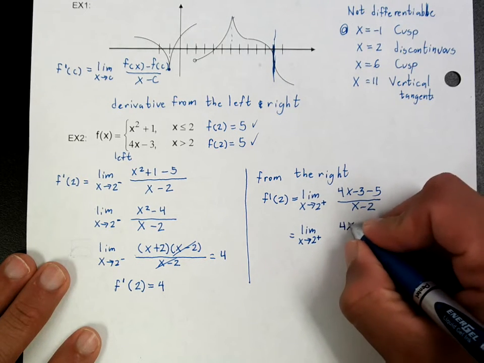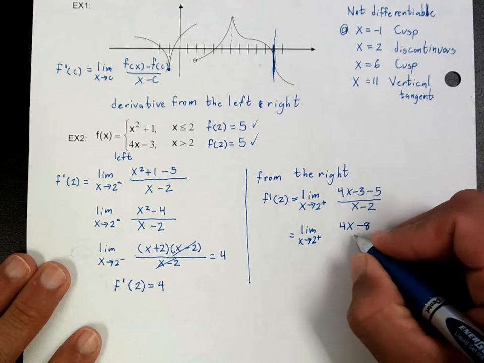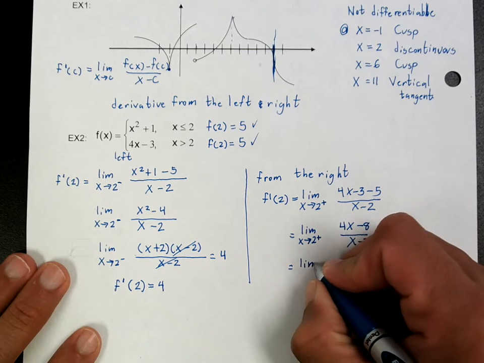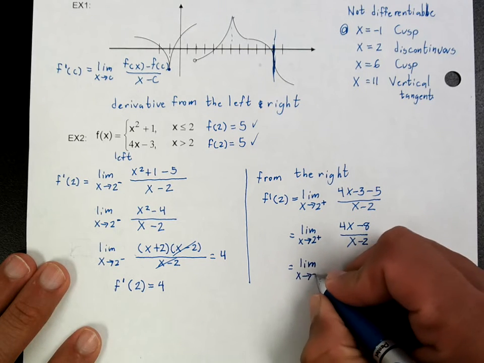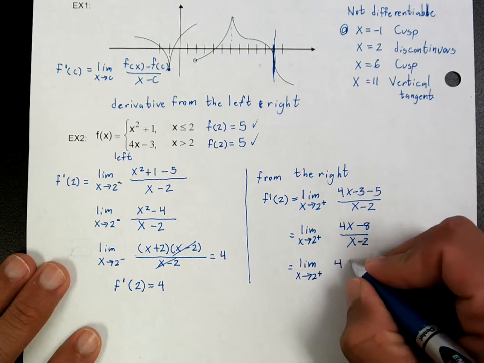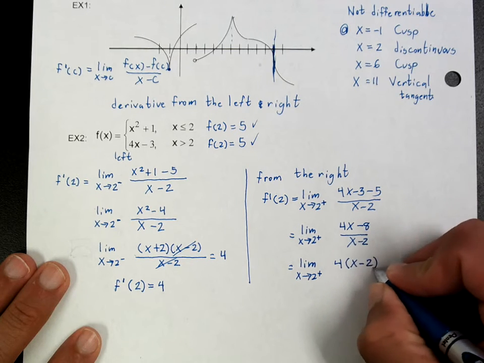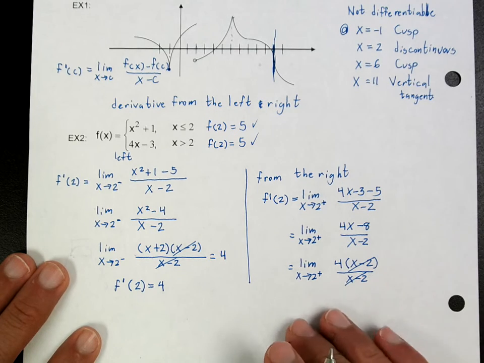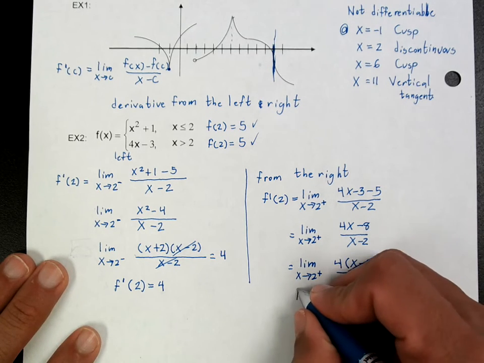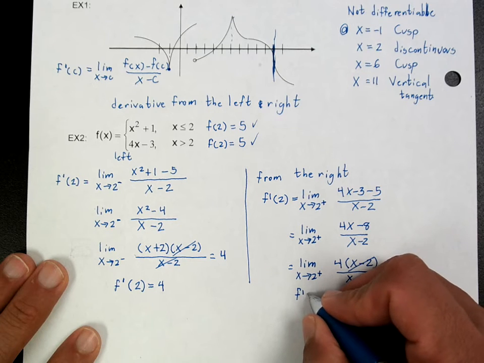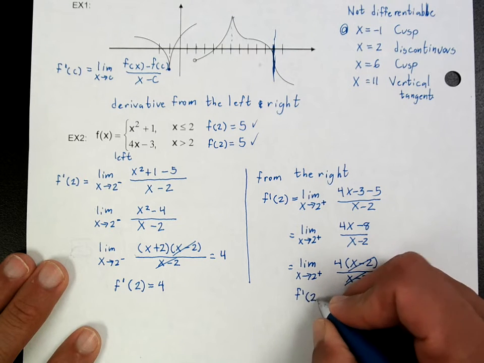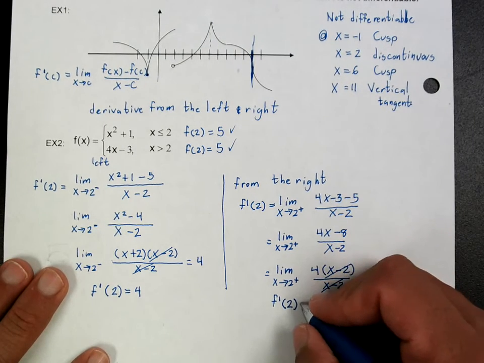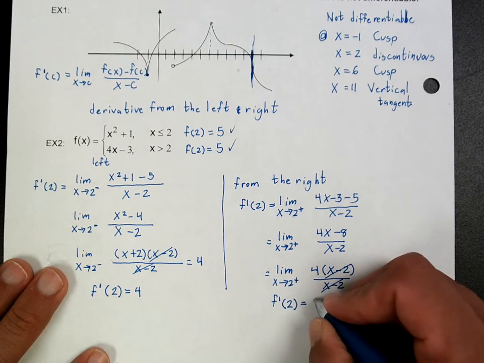So we have 4x minus 8 over x minus 2. Then we're going to factor out 4 from the top. So we have x minus 2 here, x minus 2 here. That's going to cancel. So I end up with the limit as x approaches 2 from the right, which is the same thing as, in this case, the derivative at 2 is equal to 4.